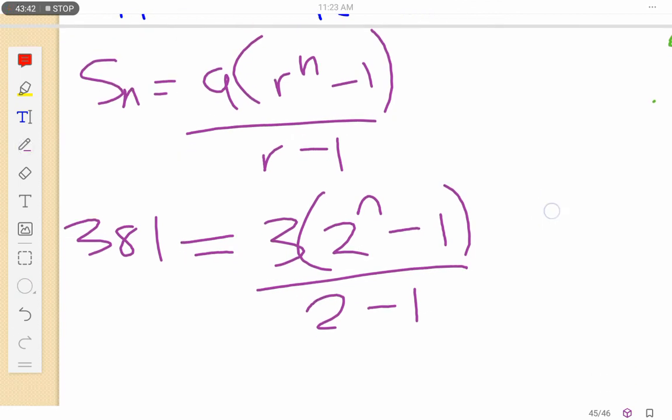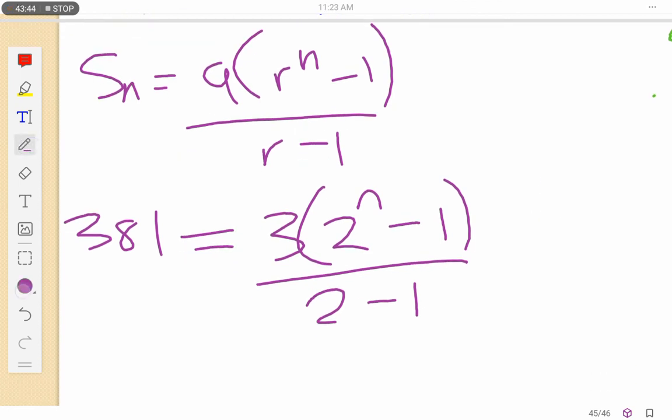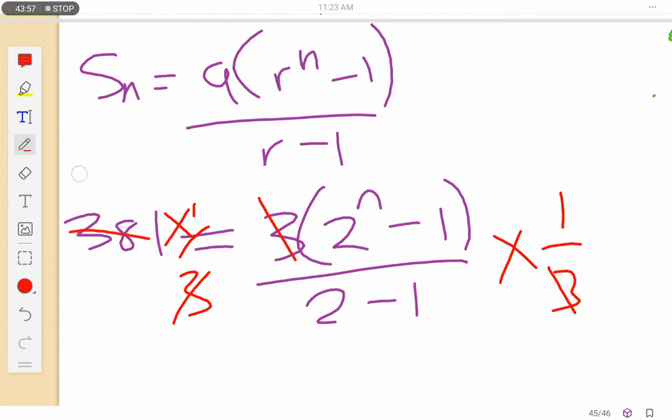When I have something like this, I can divide both sides by 3. So I'm going to multiply by 1 over 3 on both sides. This one cancels, and on this side I'll have 127.